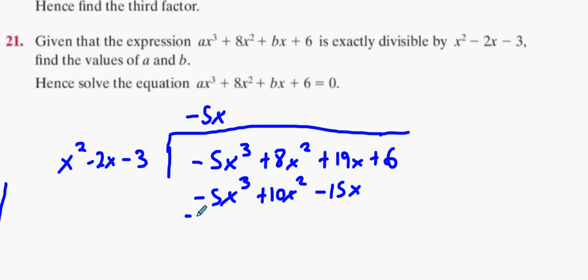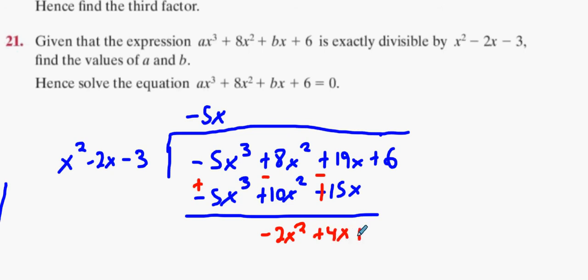Then we have to change everything from a plus to a minus. Is that right? Yeah, I'd want to be, but otherwise I'm completely wrong. Alright, minus 2x squared, now I'm released, plus 4x plus 6.